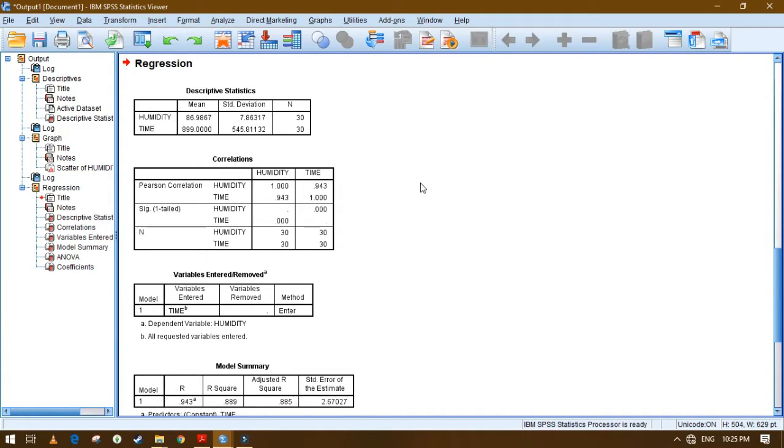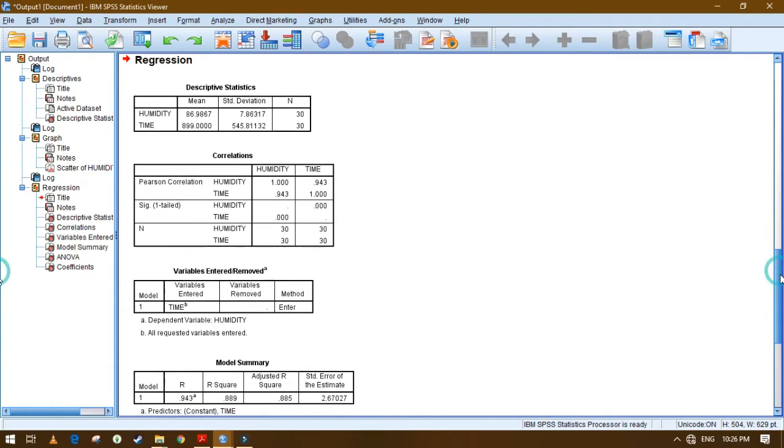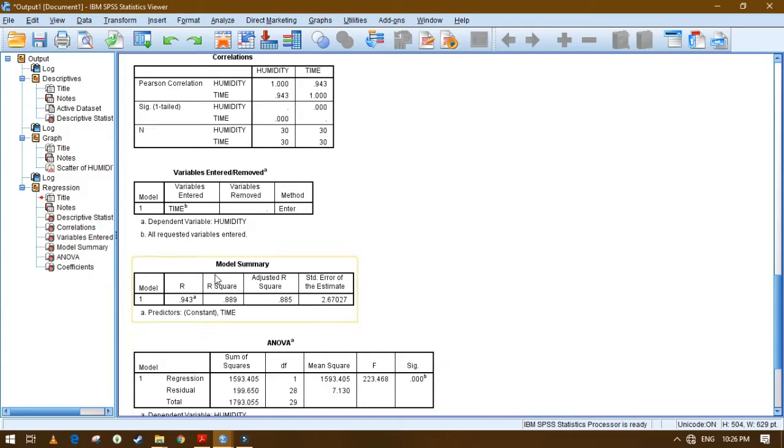Okay, for R value, we can see here 0.943. This is R value, and the data that we use is 30. Shows here for humidity and time. And then the data also show here to more clear.